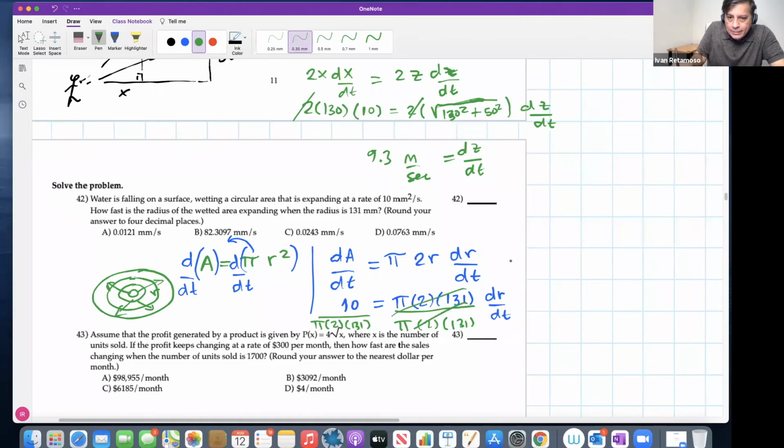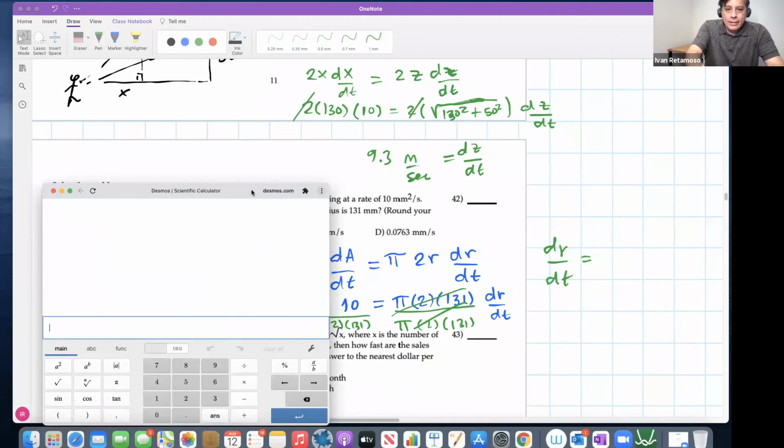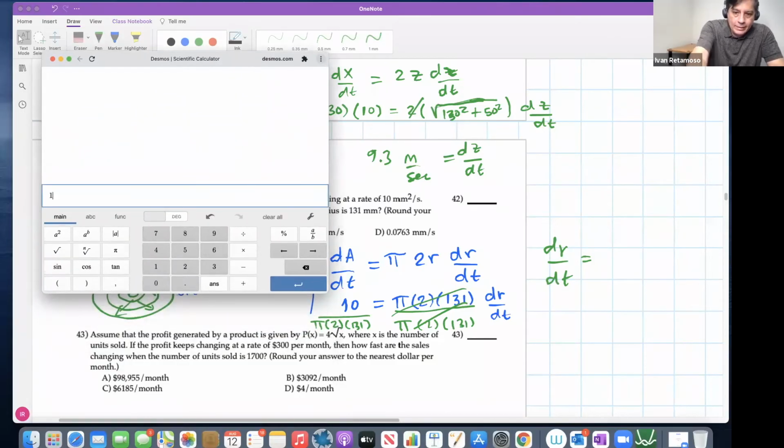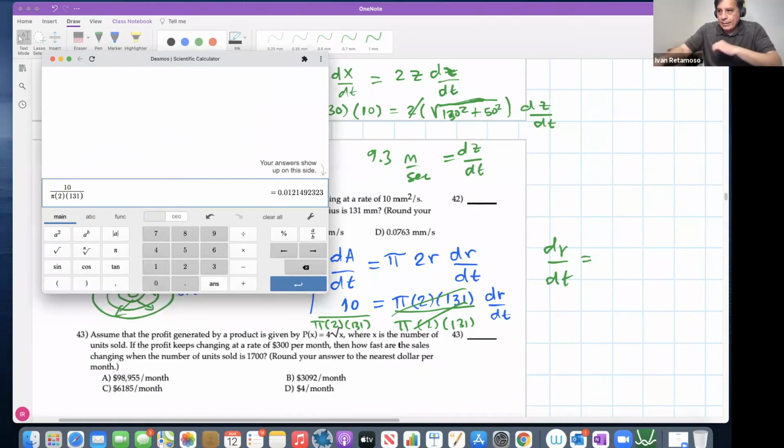This whole thing cancels here, so dr/dt equals, get your calculator, compute this: 10 over pi times 2 times 131. That gives 0.0121.